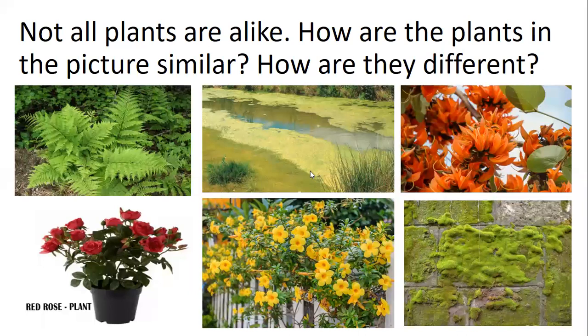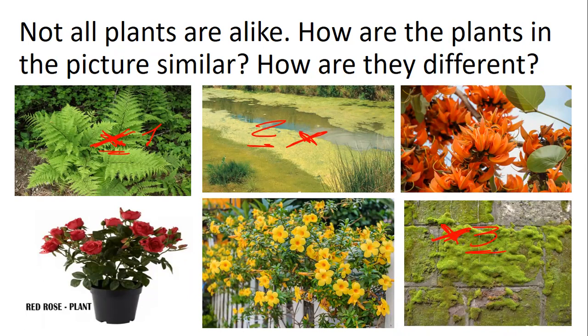Okay, the first one. This one, I will use the pen. This one is a fern. This one and this one are alike. 1, 2, 3. It means these plants have no flowers.